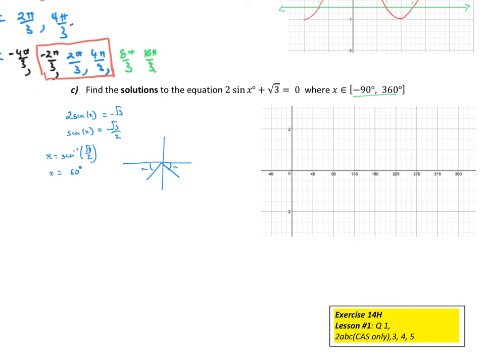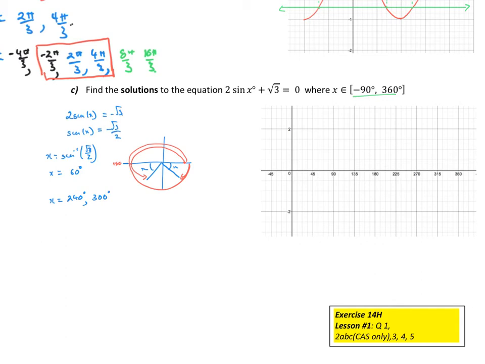So my first two solutions are starting from 0 around to 180 plus 60. So I'm going to get x is equal to 240 degrees, and then all the way around to 360 minus 60, which is 300 degrees.